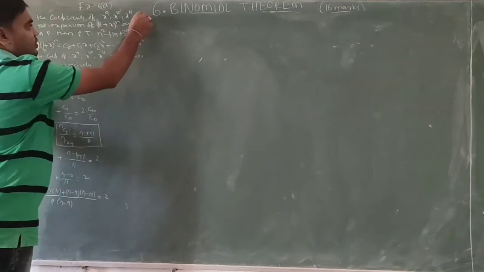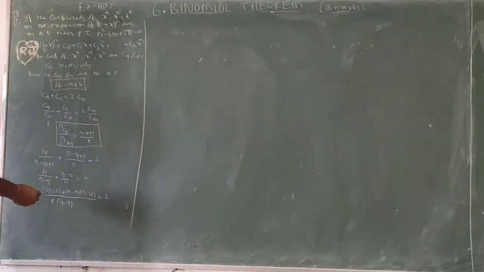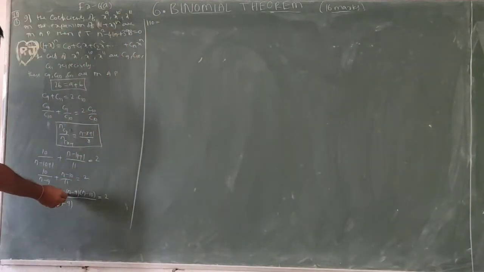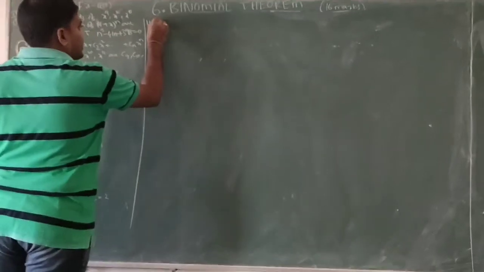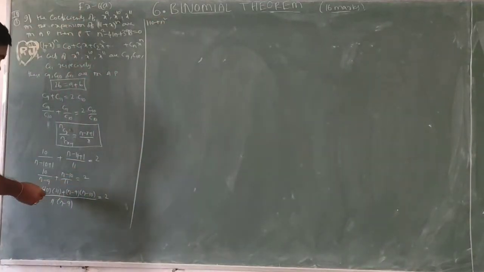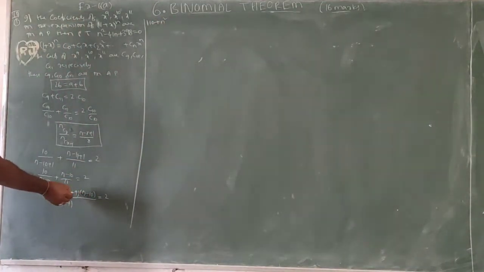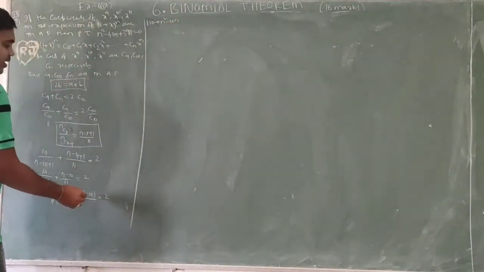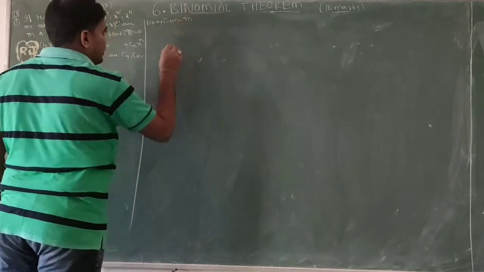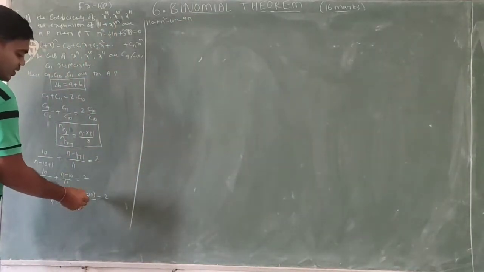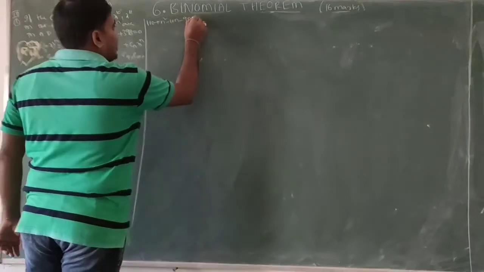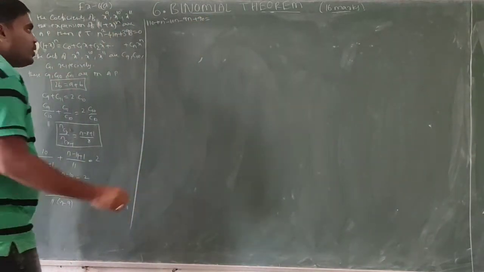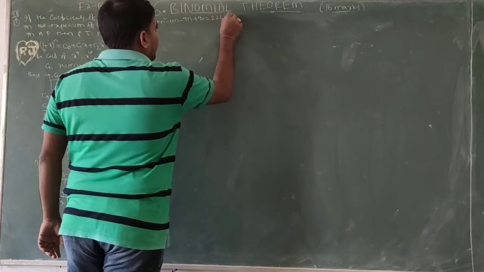Cross multiplication. 10 into 11, 110, plus n into n, n square, n into minus 10, minus 10n, minus 9 into n, minus 9n, minus 9 into minus 10, plus 90, equal to 11 into 2, 22 of (n minus 9).